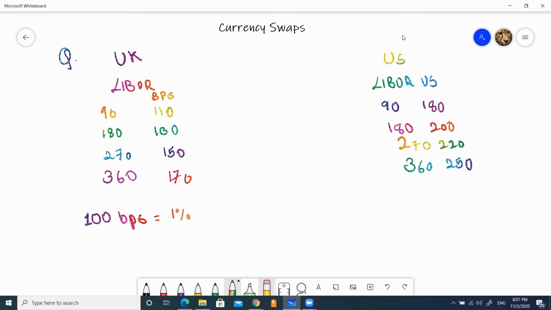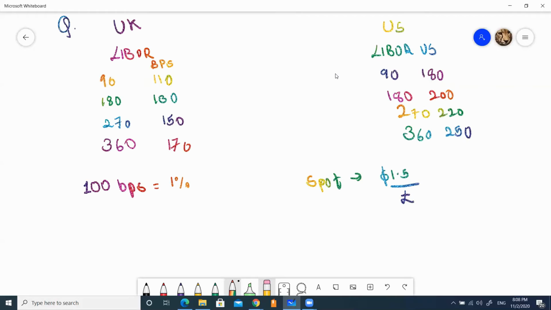That is your conversion, and your initial spot rate is given to you as $1.5 per pound. You have to structure a fixed to fixed swap and find out the cash flow. The reset frequency for this swap is quarterly, so it is quarterly settlement.